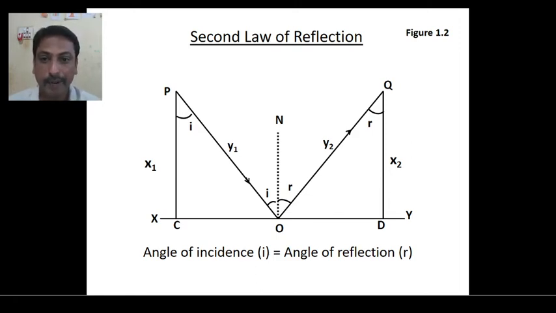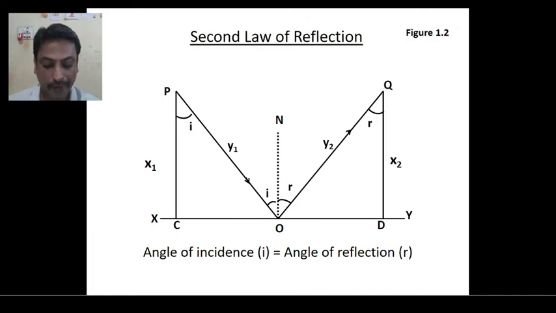In triangle POC, if I take cos i, cos i will become x1 divided by y1. So with this I can take sec i. Therefore sec i will become y1 divided by x1. In the same way, from triangle QOD, cos r is equal to x2 divided by y2.